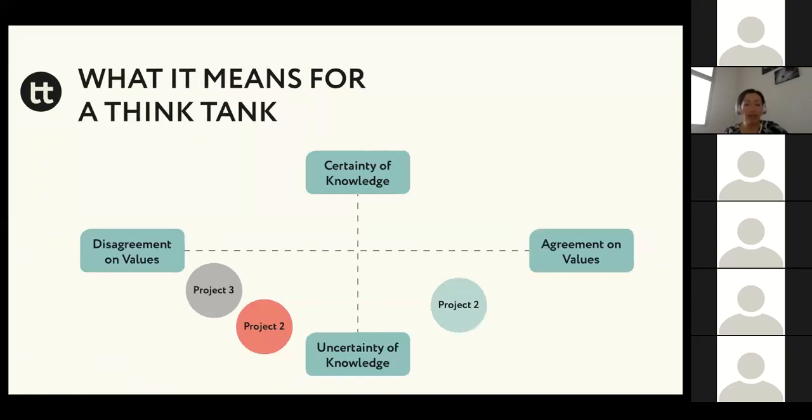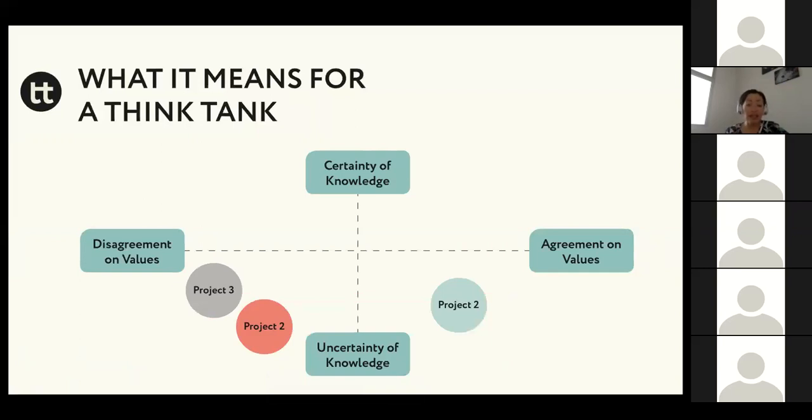So we can identify that we have certain very structured problems, and we could put each project according to the types of problems that we are seeing.